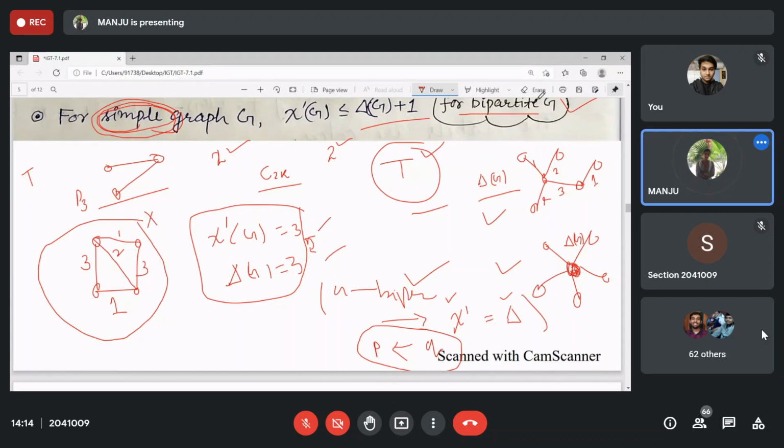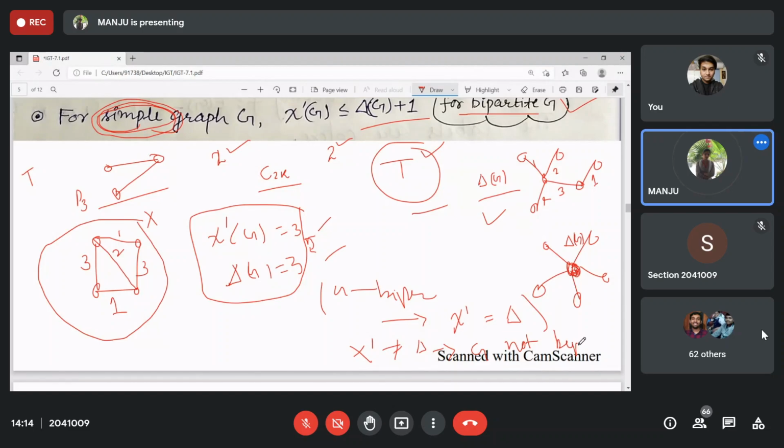Clear? Now, what can I say about the contrapositive of this statement? The contrapositive will be the same as P implies Q, right? So if the chromatic index is not equal to delta, then you can surely say that G will not be bipartite.